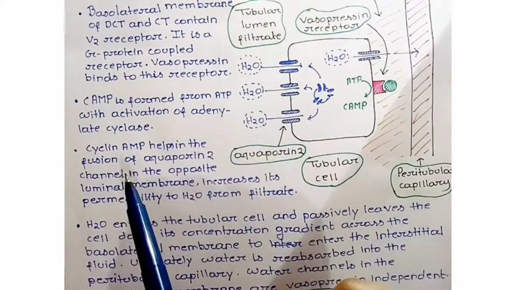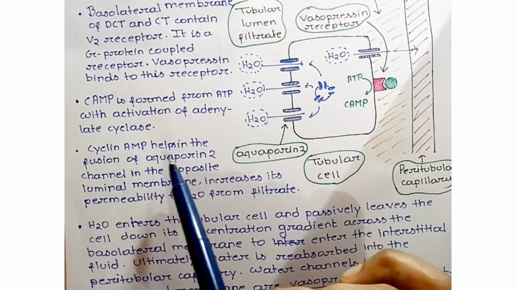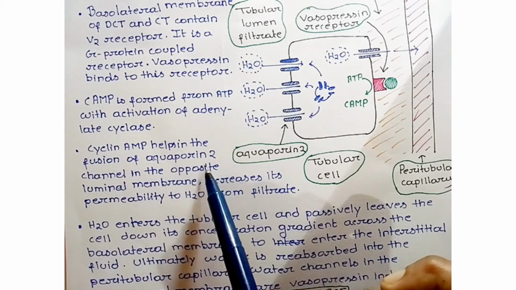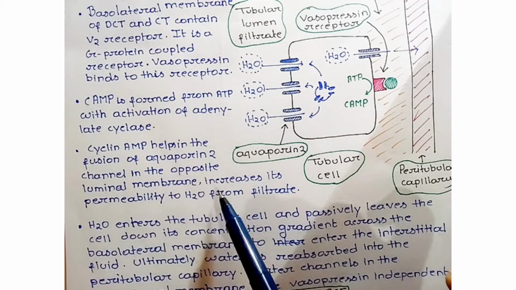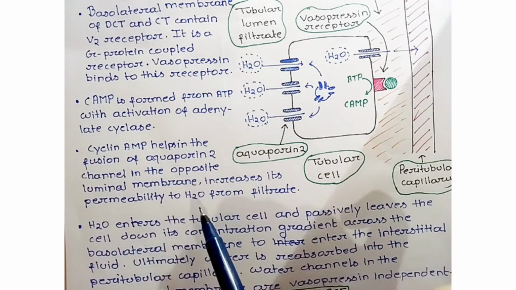Cyclic AMP helps in the fusion of aquaporin 2 channels in the luminal membrane and increases its permeability to H2O from the filtrate.